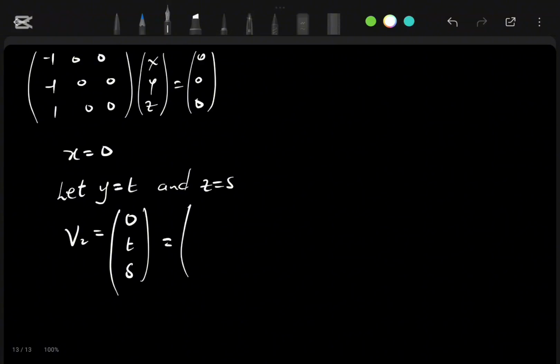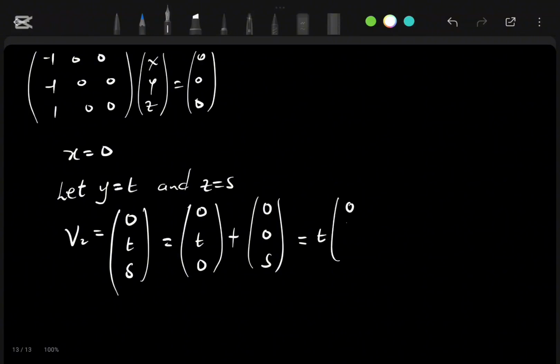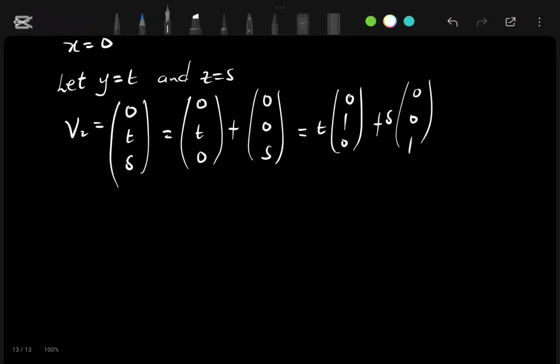And now we can separate this into 0, t, 0 plus 0, 0, s, which is now t times (0, 1, 0) plus s times (0, 0, 1). So if t and s are 1, we'll have our v2 equal to 0, 1, 0, and our v3 will take the other component, which is 0, 0, 1.